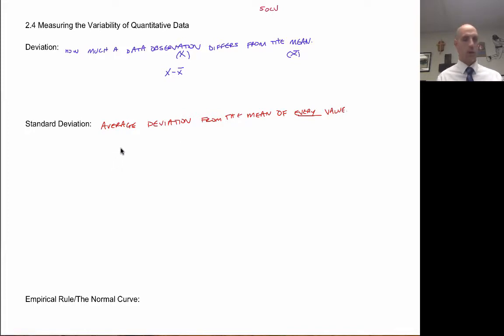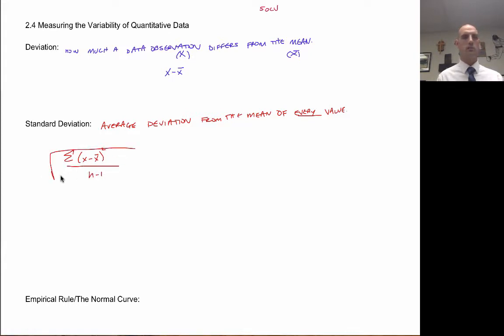So how do we find that? Well, what we do is we take the sum of all variations, here's the sum of all variations, and we square them. So the sum of every variation squared, and we divide by n minus 1, and then we take the square root.